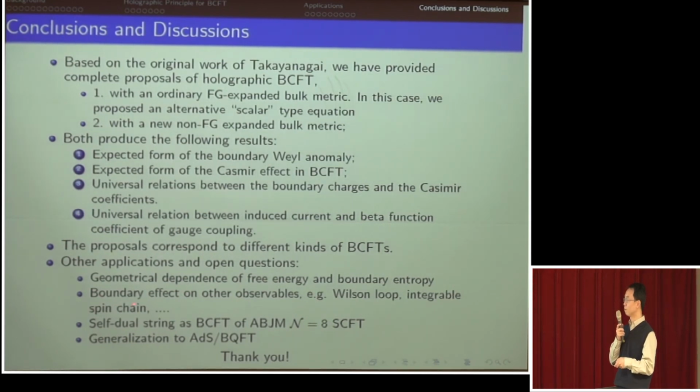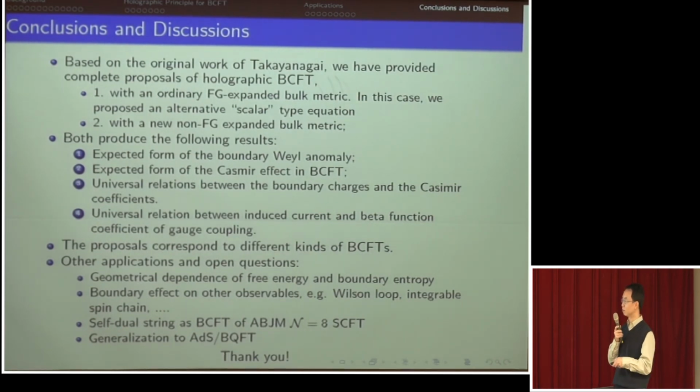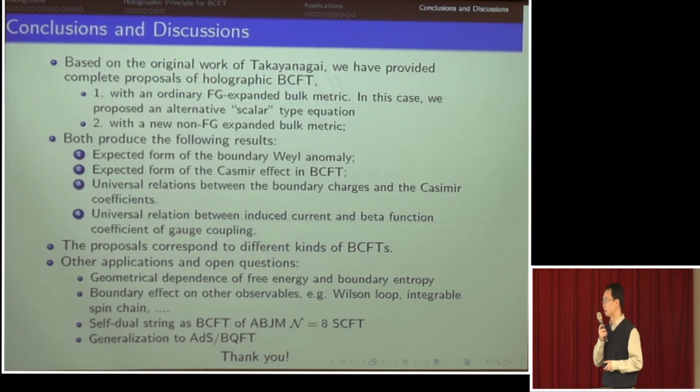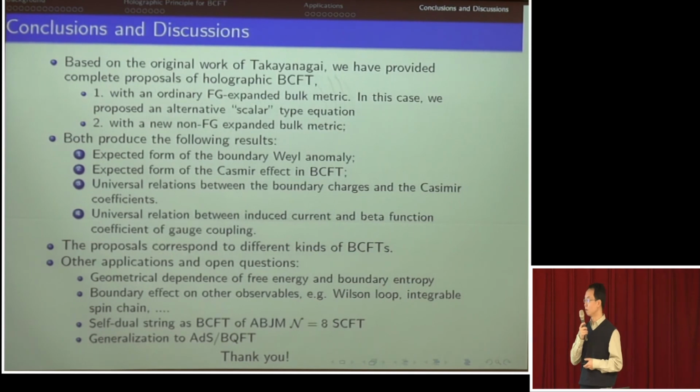For string people, there's a typical boundary conformal field theory which hasn't been understood so far, which is the boundary conformal field theory describing the self-dual string. So these are a bit technical, but these are potentially interesting applications of this boundary conformal field theory.